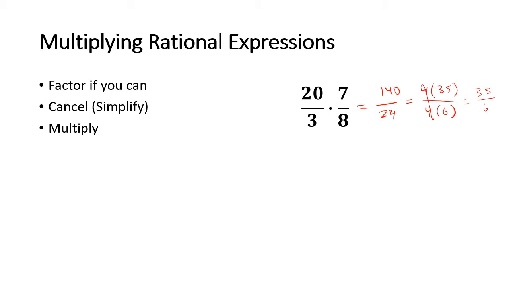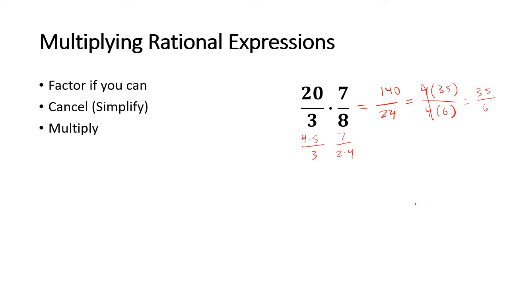Well, we still get the same answer. It's totally fine to do this, but you will find that every single time when we're dealing with rational expressions, it's better to simplify first. So what would that look like? Well, we could rewrite 20 as 4 times 5. That's the best factorization we can get. 20 and 3 doesn't factor, it's prime. 7 is prime, and 8 is 2 times 4.